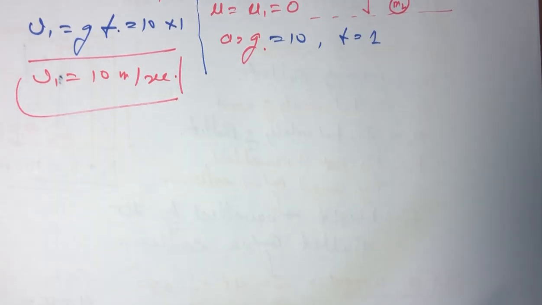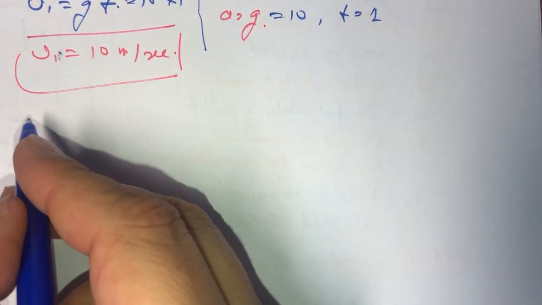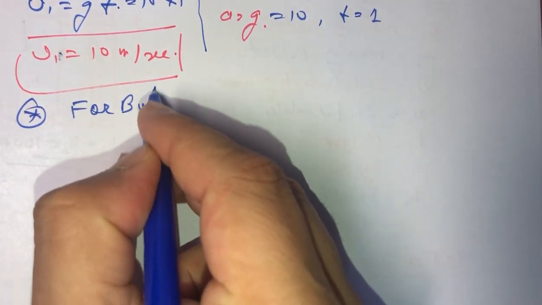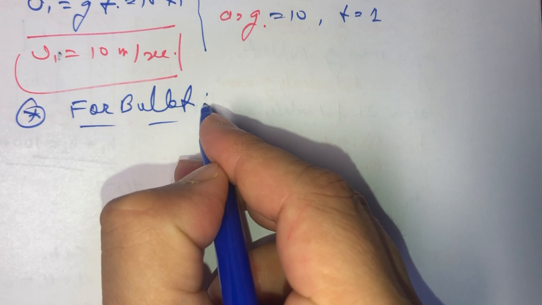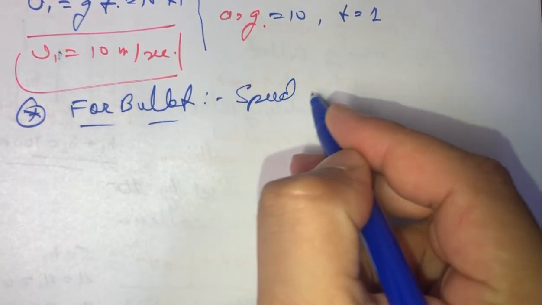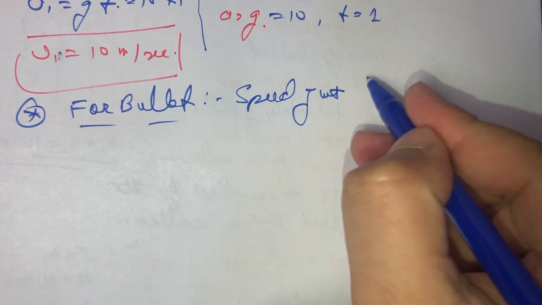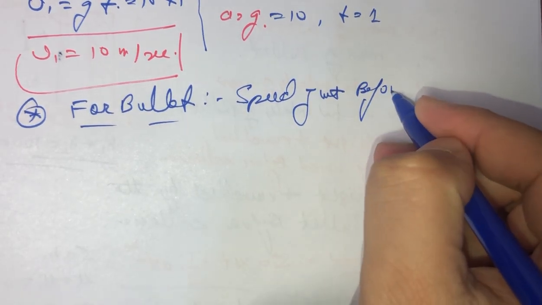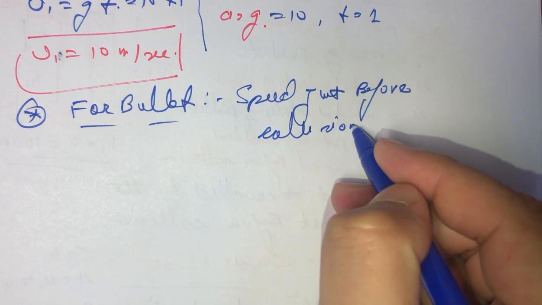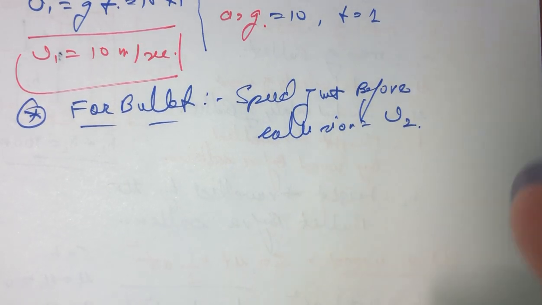And similarly, we solve it for the bullet now. So for bullet, the speed just before collision is v2.